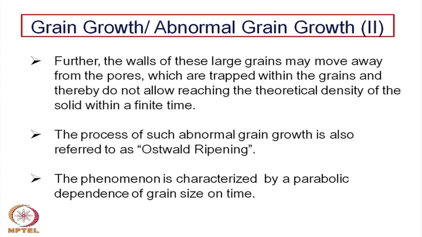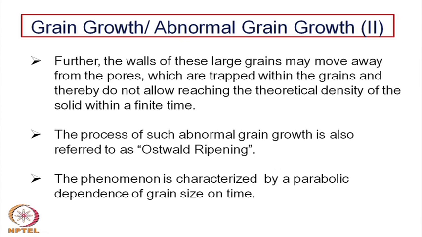However, if abnormal grain growth takes place, the grains may entrap some of the pores during growth. As we mentioned earlier, the pores are then no longer lenticular in shape; they become more spherical. Once they become spherical, more grains are actually facing that particular pore, and there is a possibility that they get stabilized.